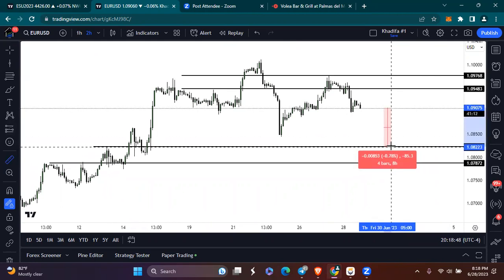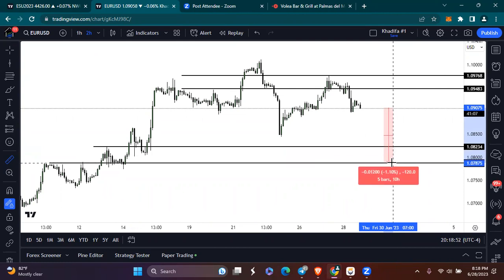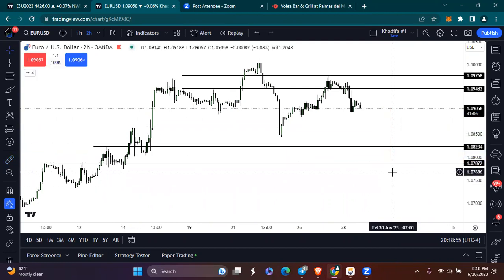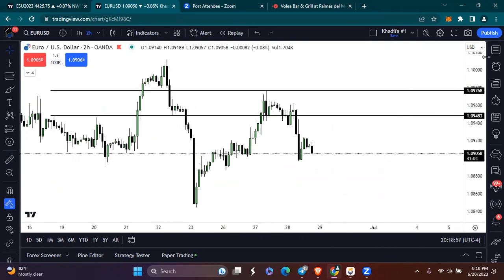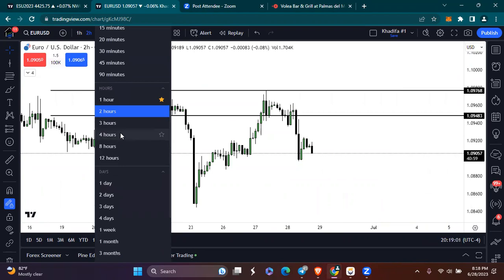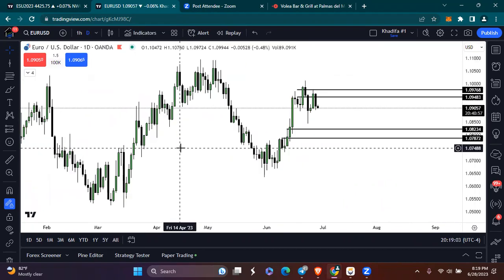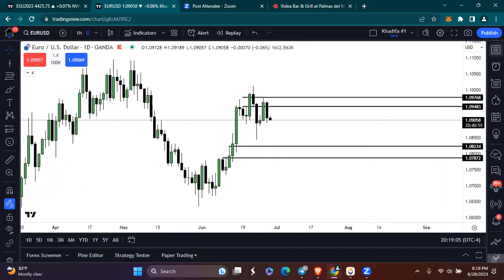It's about 90 pips, around 80-something pips to the top PD array, 120 if it pushed down to the lower level. So a nice little trade setup right there for Euro.